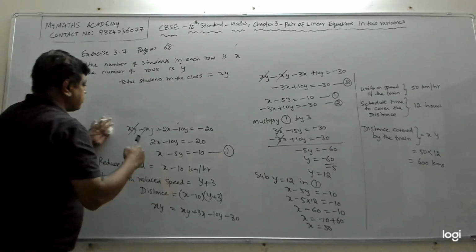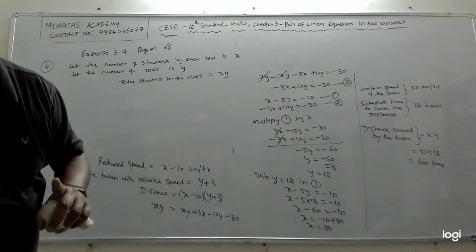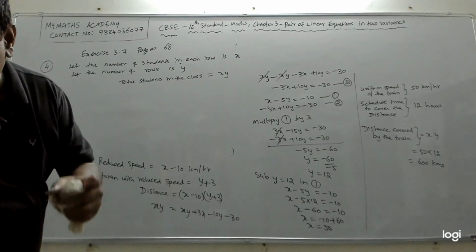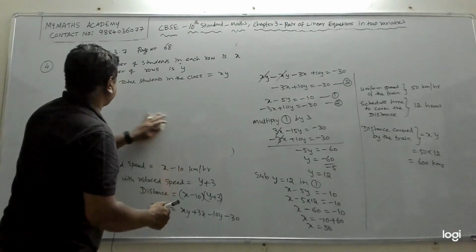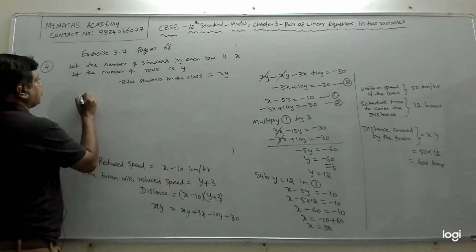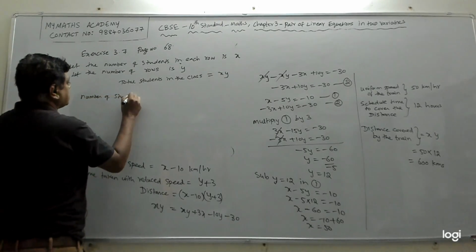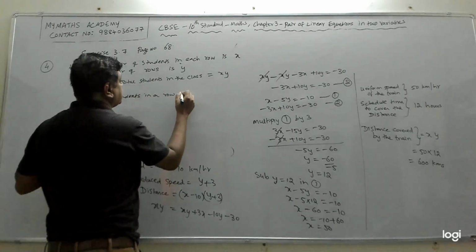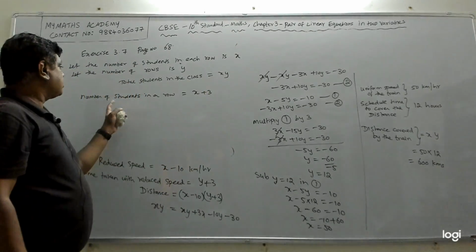Now, what is the situation that is given in the problem? It says, suppose we add 3 students extra in a row, there would be 1 row less. Which means, if I increase the number of students in a row to x plus 3, I am adding 3 students to each row.